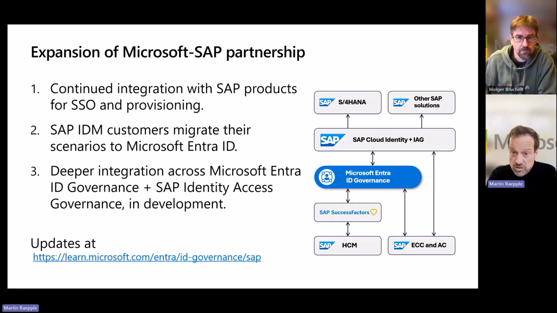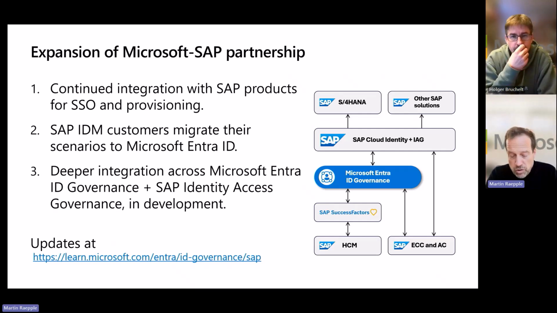On the SAP side, we also have quite prominent solutions in place, such as the SAP Cloud Identity Services, which is the central identity and access management solution in the cloud from SAP that connects to SAP's cloud solutions as well as to SAP's on-prem solutions.